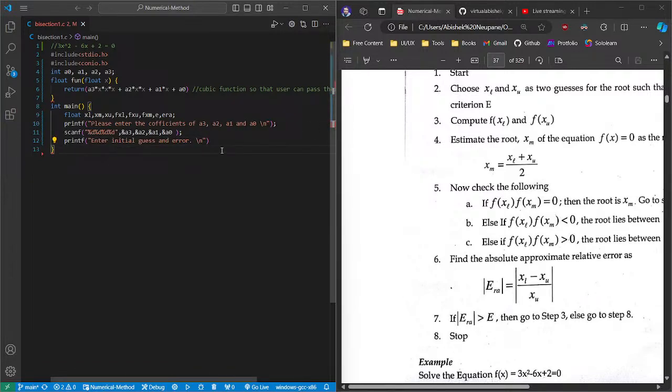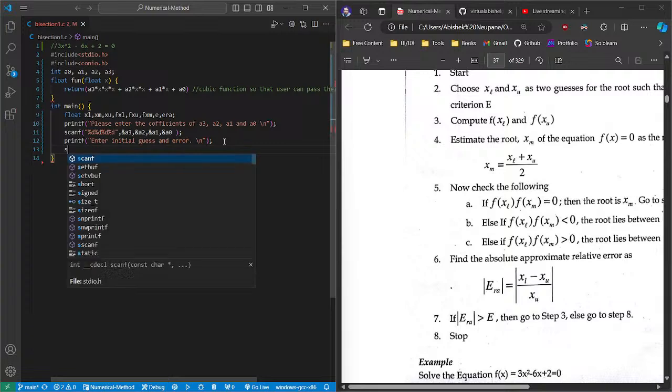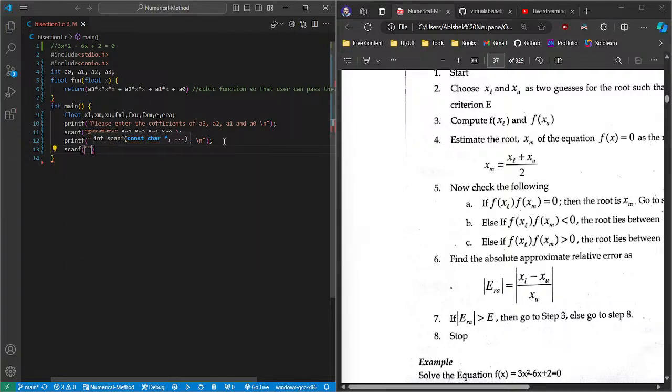Finish. Let's ask the user to type, with scanf. So where are we putting this? I think we are putting this here, okay? So our initial guesses are XL and XU. First the user will input the lower, and second the user will input the upper.